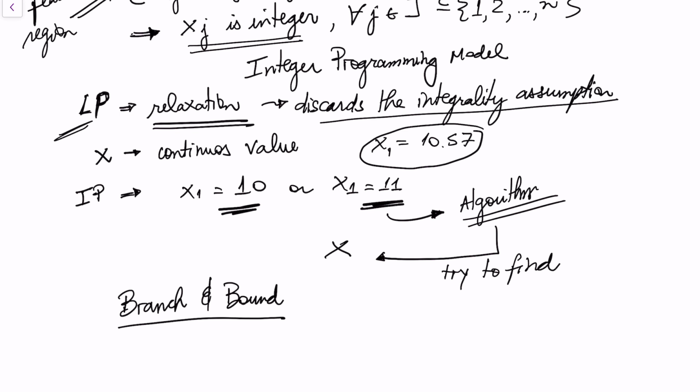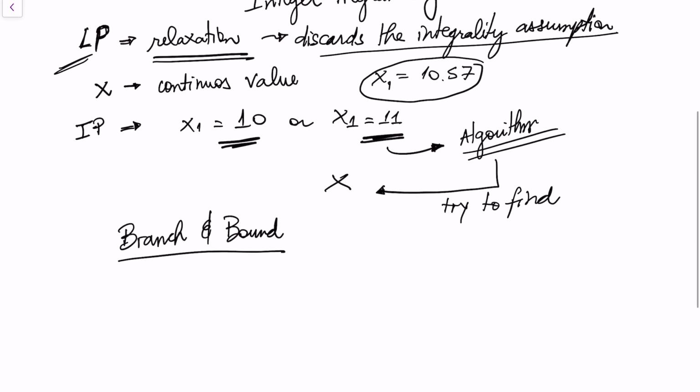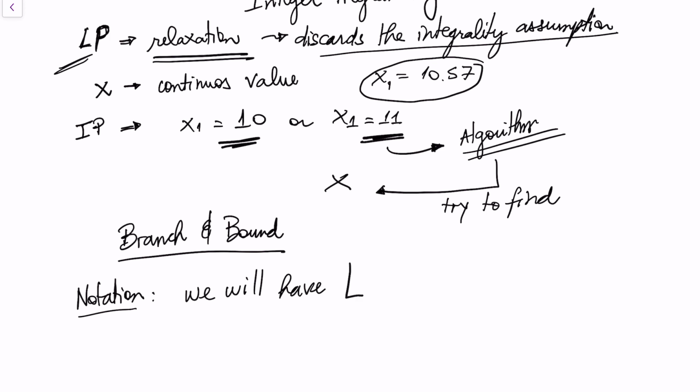For the branch and bound, we will use some notation, and this notation states that we'll have the representation of the floor operator.